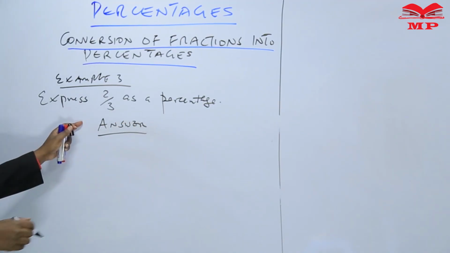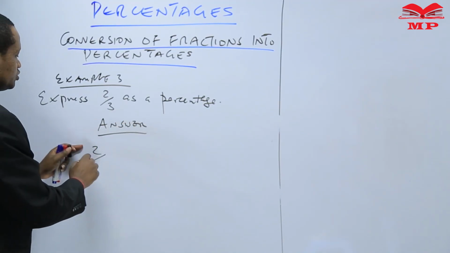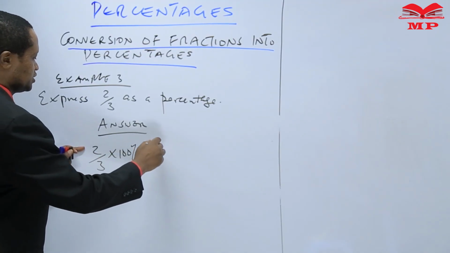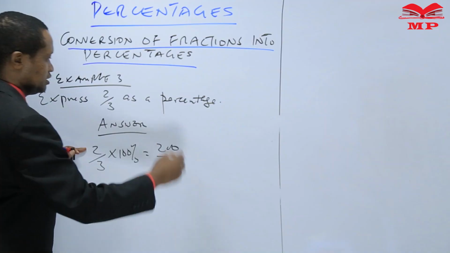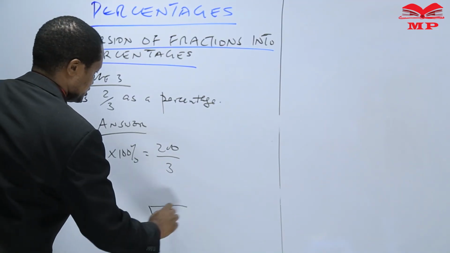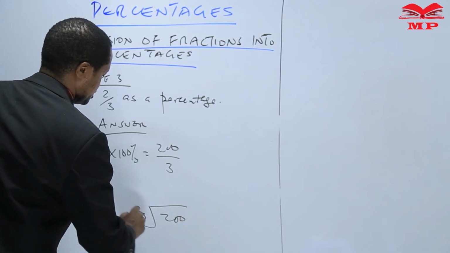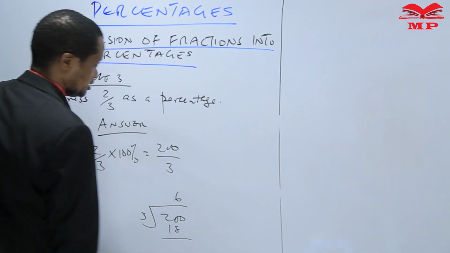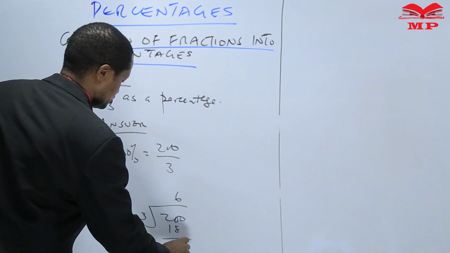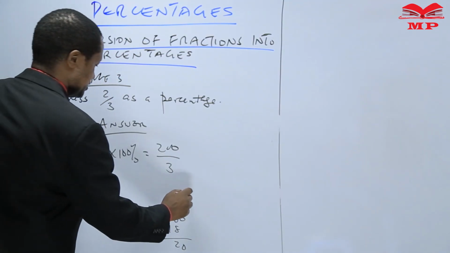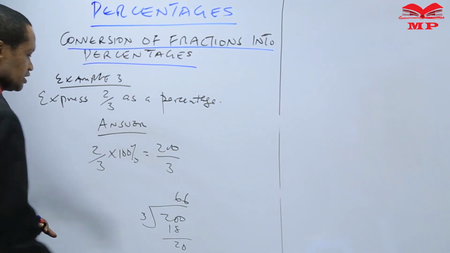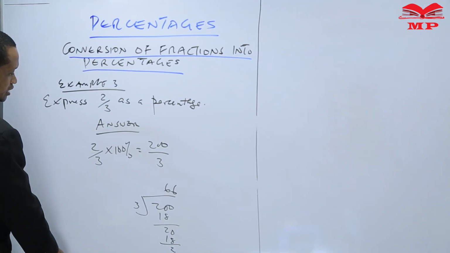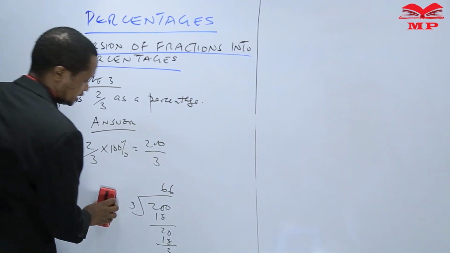To express 2/3 as a percentage, we take 2/3 multiplied by 100%. This will give us 200/3. Then we can divide 200 by 3. 3 goes into 20 6 times. We have 18 here. Then remainder 2. 3 goes into 20 6 times again. Then you have 18. Remainder 2.